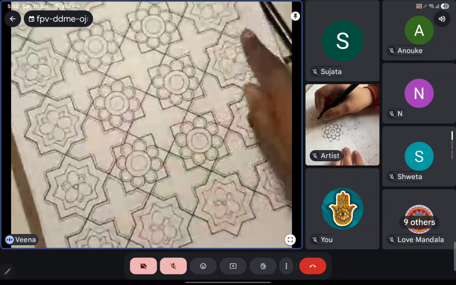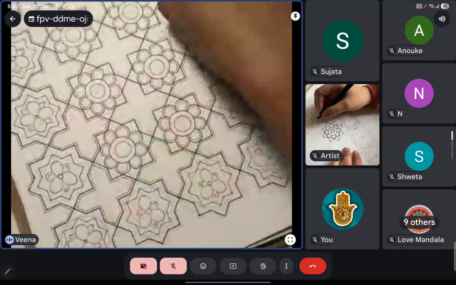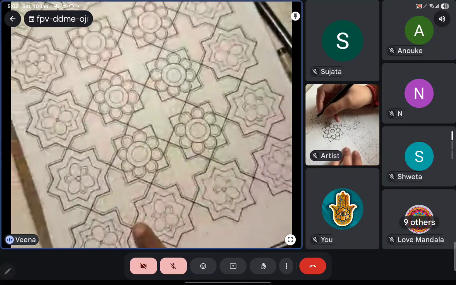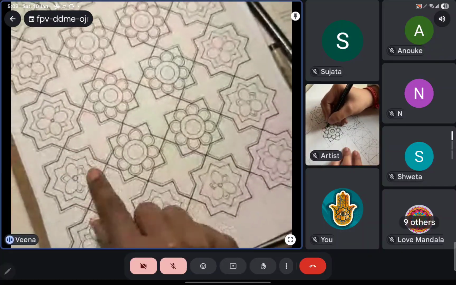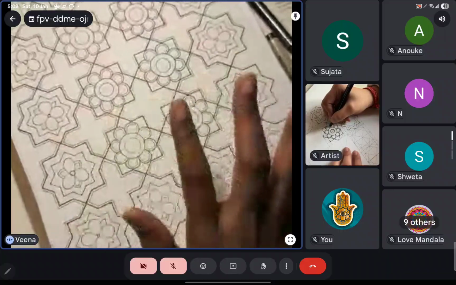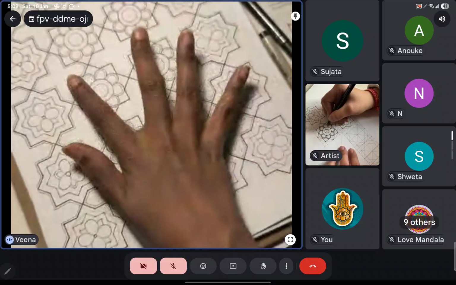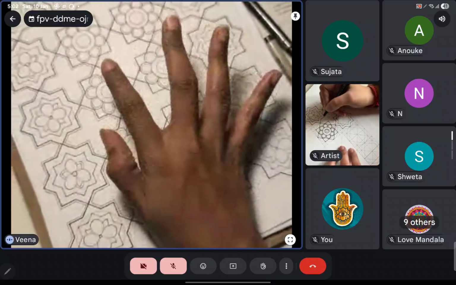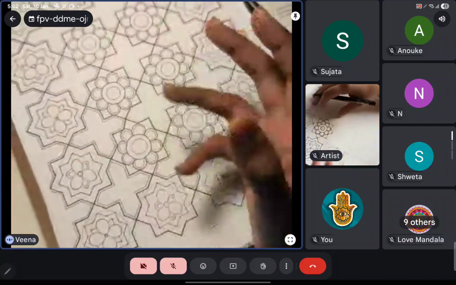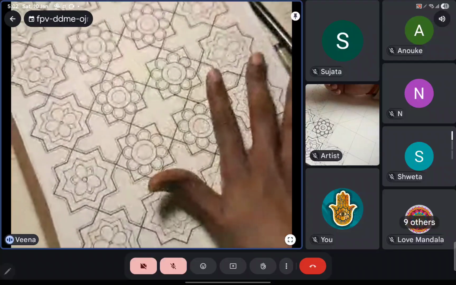Basically I've kept all the flowers to the corner squares like this. And so there's a double pattern whenever there's a flower. And the mandalas are just to the inside, and there's just one pattern. Nothing double like this.